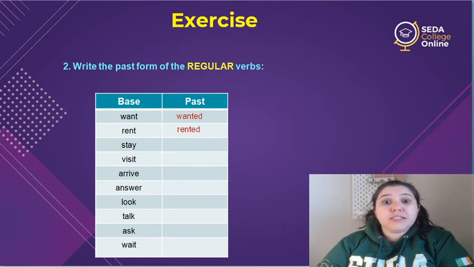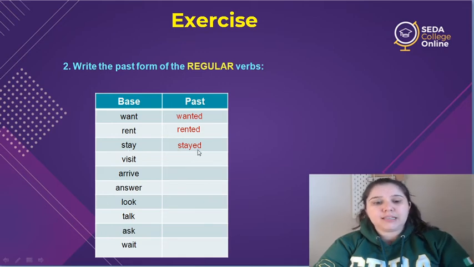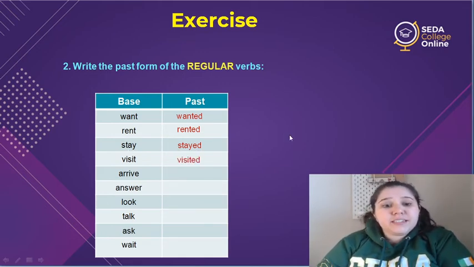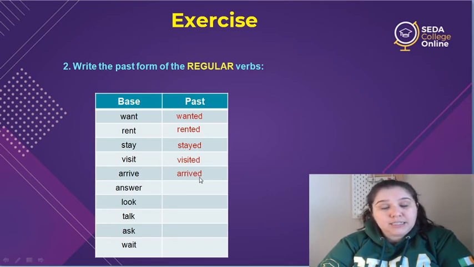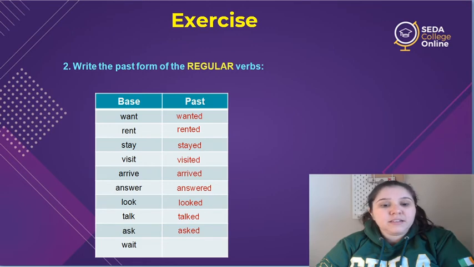Rent, rented. Stay, stayed. So here it's finished in y, but before it's a vowel. So stay, stayed. Visit, visited. Arrive, arrived. So this is finished in E, so we just add D. Answer, answered. Look, looked. Talk, talked. Ask, asked. Wait, waited. Easy.